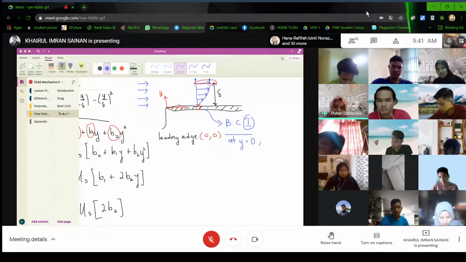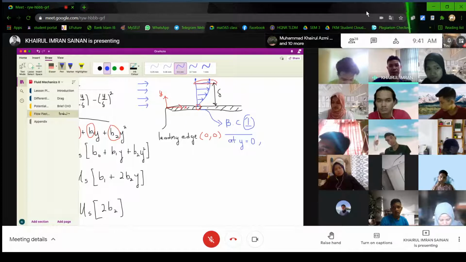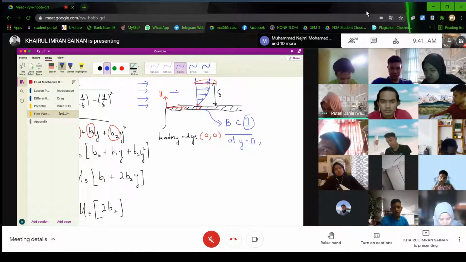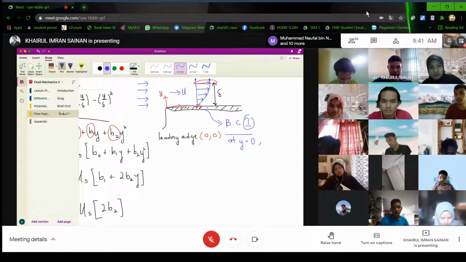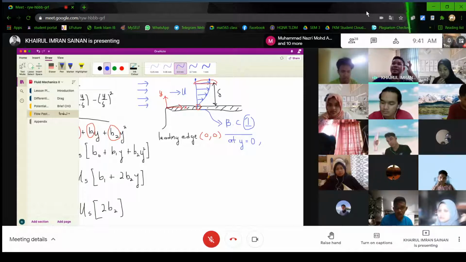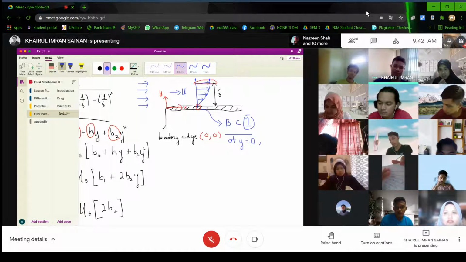Take a look back at my position. At y equals to 0, U equals to U max? Okay. The idea is the larger the arrow, the bigger the velocity. So what is the arrow at this position?